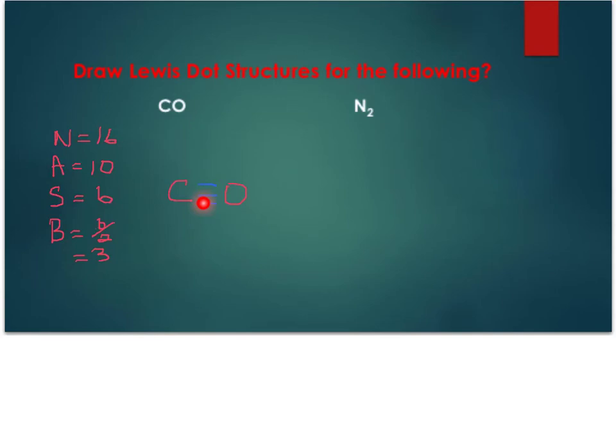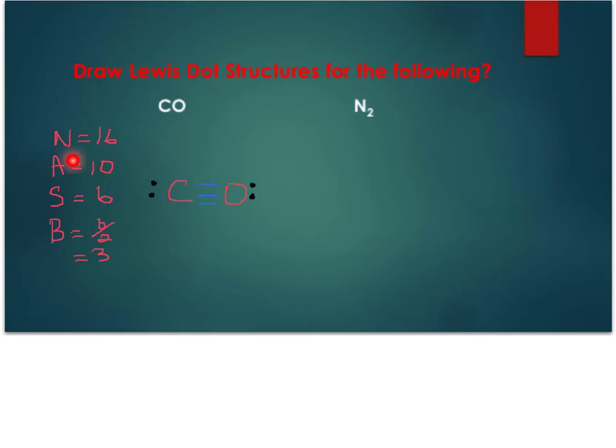So we add our lone pair here. Oxygen still needs 2 more, so we add another lone pair. So that gives each of these 8. Now count your electrons. We use 2 here, 4, 6, 8, 10. And we had 10 available. So that's our structure for carbon monoxide.